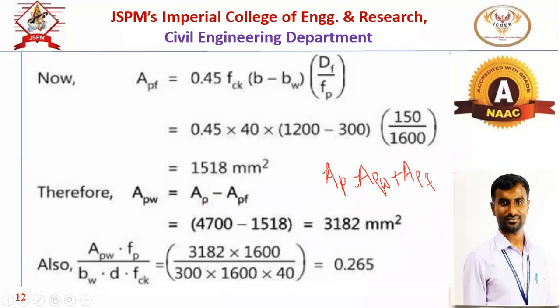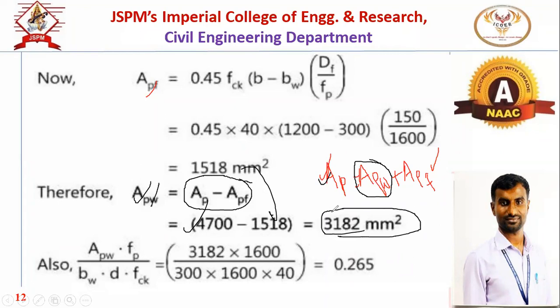Now this total area is given and the area of flange we have calculated. So the area of pre-stress in the web portion is equal to the total pre-stressing area minus the area of pre-stressing for the flange. Total area 4700 is given, area of flange we have calculated as 1518. So from this we get the area of pre-stressing steel in the web portion as 3182 mm square.